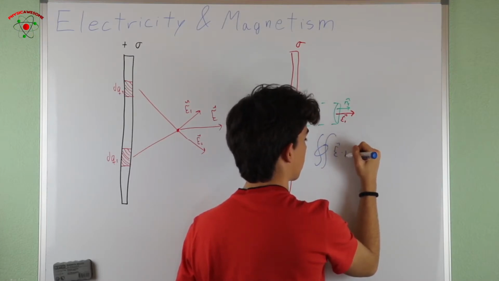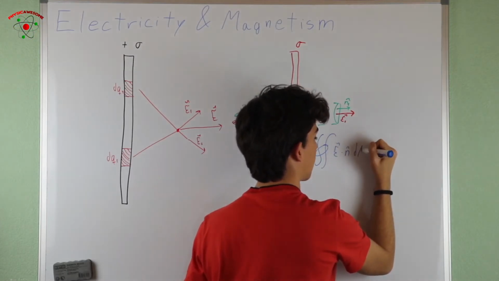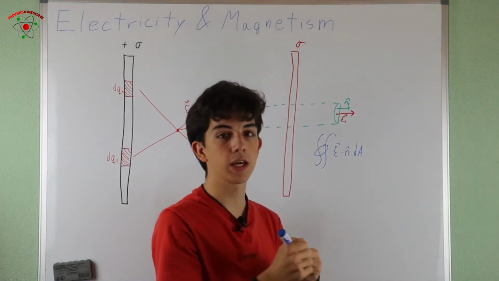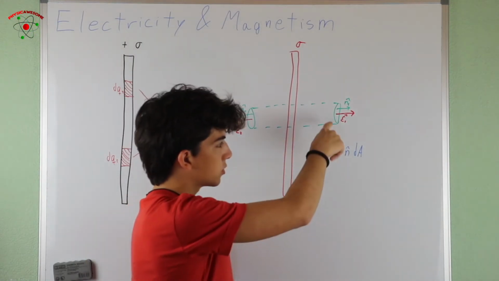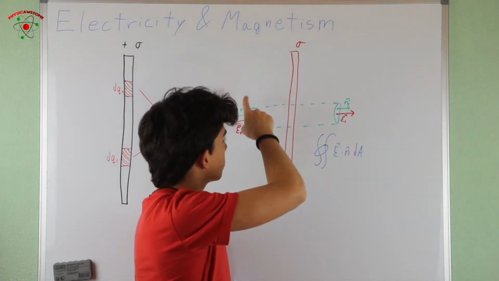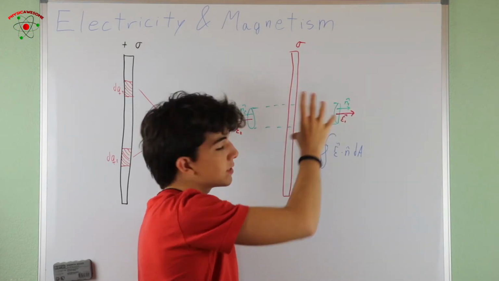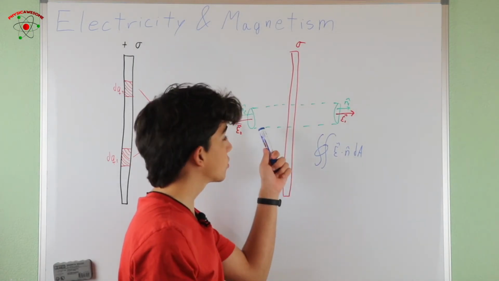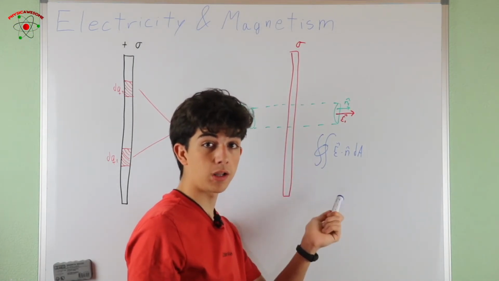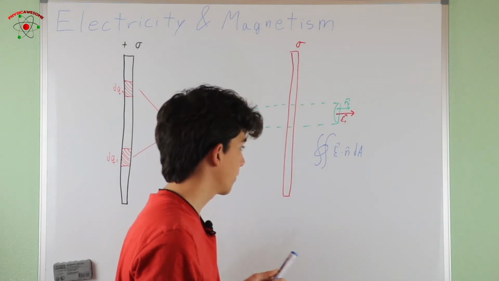Alright, now when we add the flux, we see that this integral we had before, E dot n hat dA, we can divide it really into three parts: a contribution from this surface, a contribution from this surface, and a contribution from the cylindrical surface, that is going to be zero because it's parallel to the electric field.